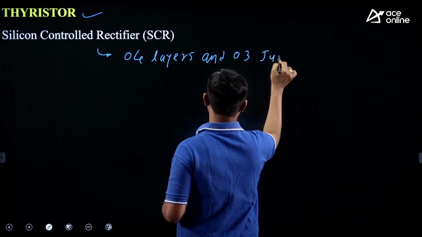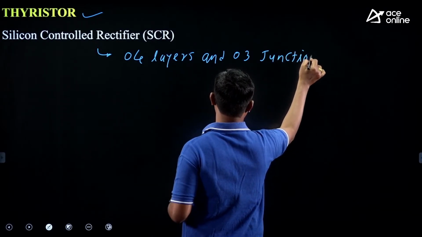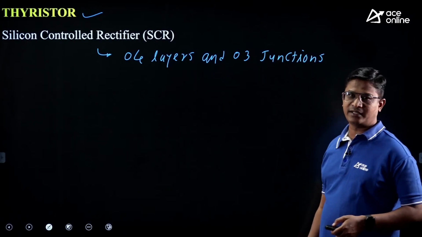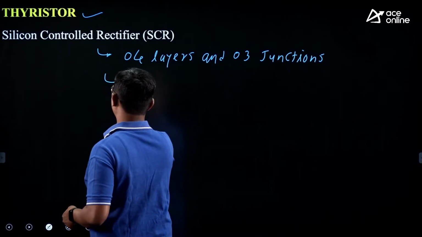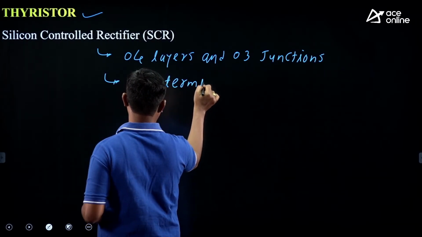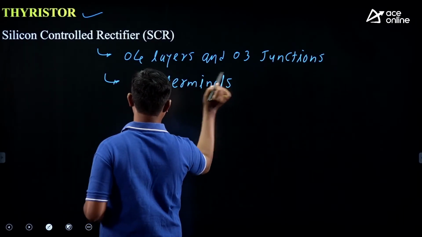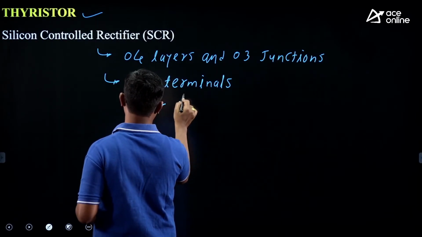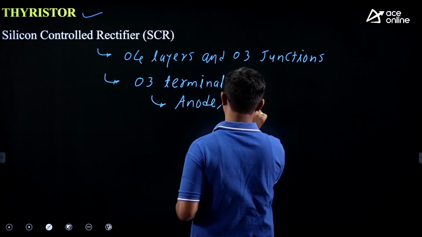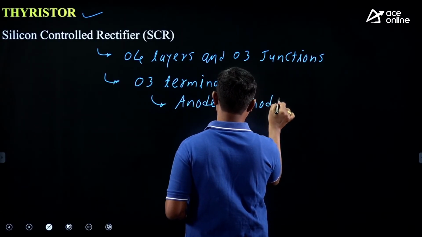Right? It is a PNPN device, right? And 3 terminals. Which are those 3 terminals? Anode, cathode, gate.